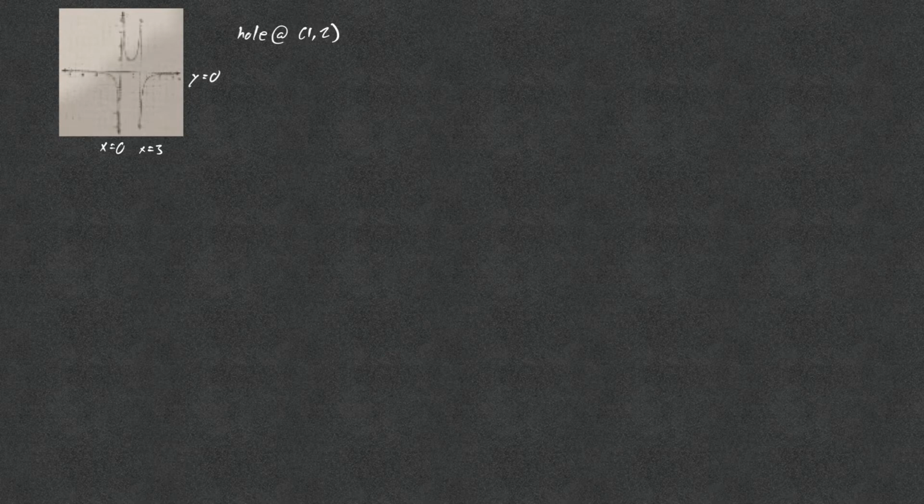Okay, so what do we do? Well, what I would do is start off with the easiest part, which is the vertical asymptotes. What do we know about vertical asymptotes? Let's say our function is f of x. We know for sure that vertical asymptotes happen when the denominator is 0. So in this case, the denominator is 0 at x equals 0 and x equals 3.